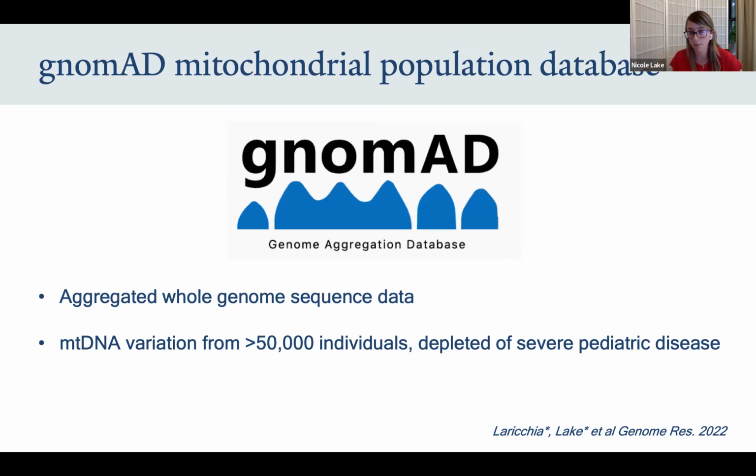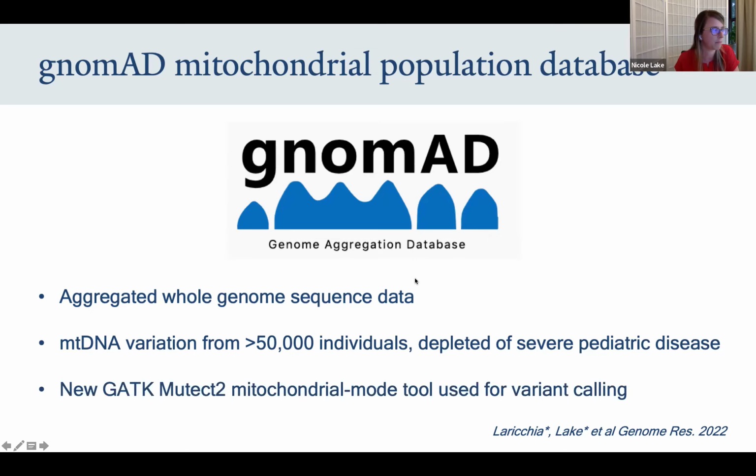But this resource actually represents one of the largest mitochondrial population databases available and the first large-scale database built from whole genome sequencing data. Another key utility of gnomAD is that it's depleted of cases known to have severe pediatric disease, which means it's a really useful reference set for allele frequencies.